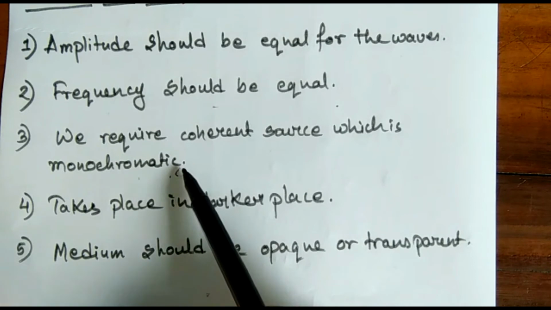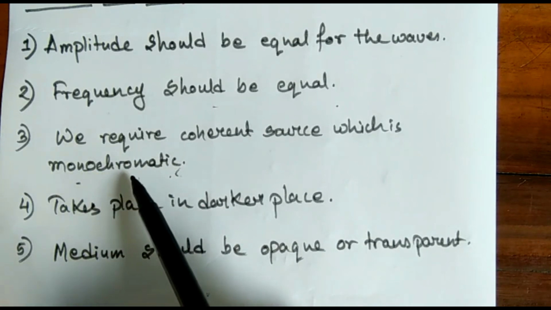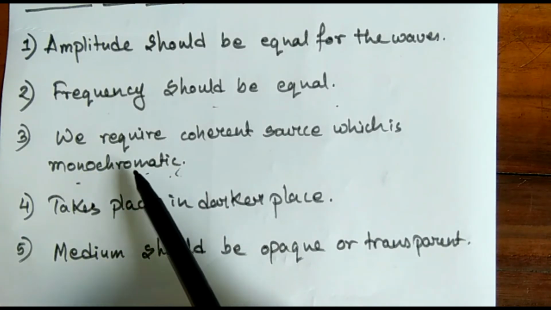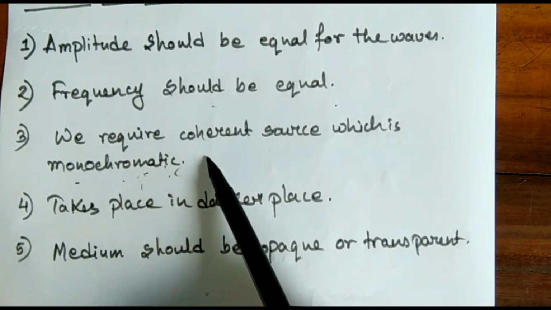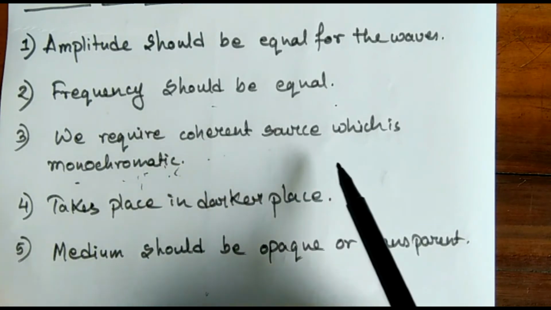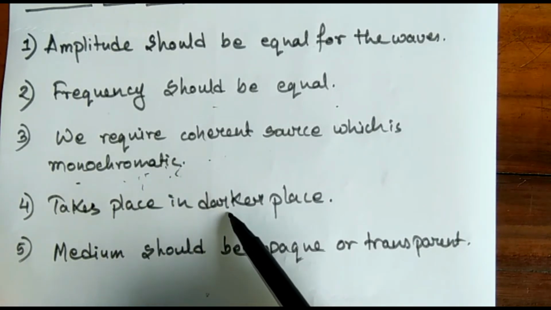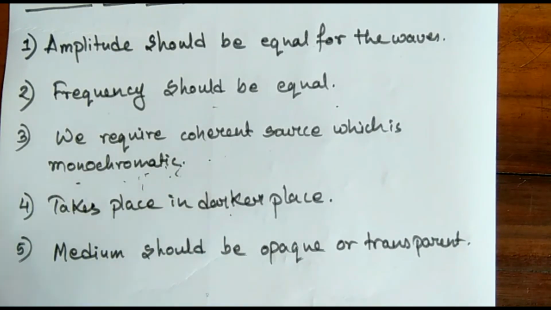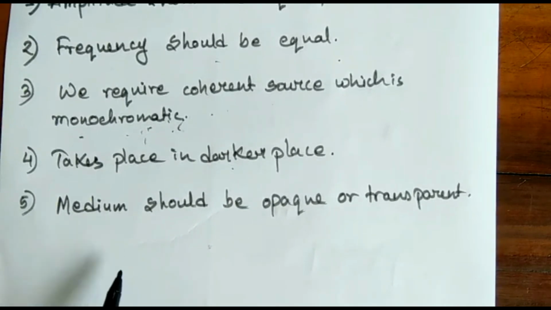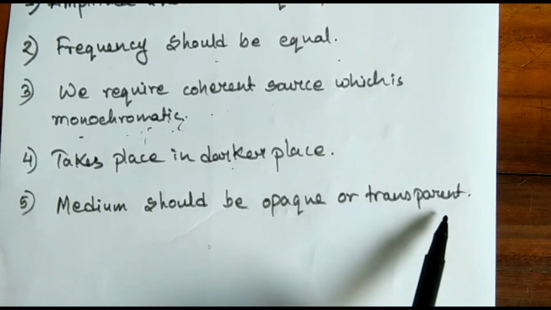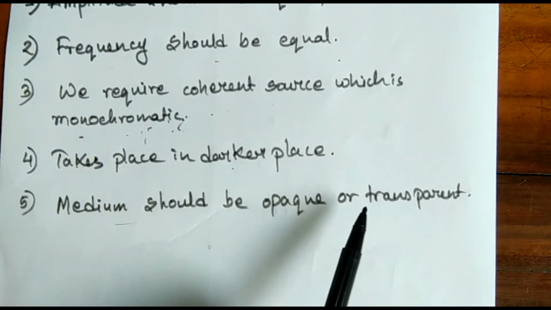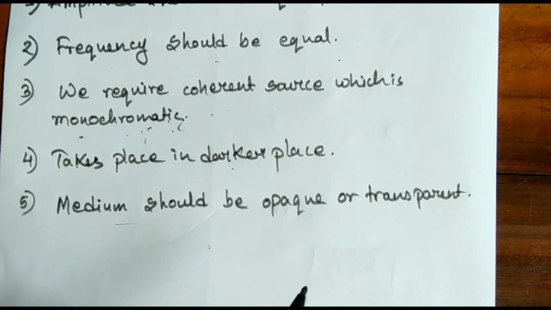And in the condition, you know that the light source should be monochromatic, that is of one single color. So now you know why it should be monochromatic and why it should take place in a darker place. And the last one says that the medium should be opaque or transparent, otherwise we cannot observe that phenomenon.